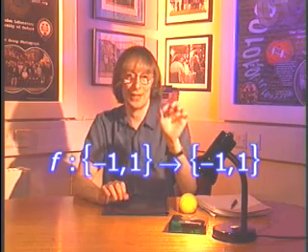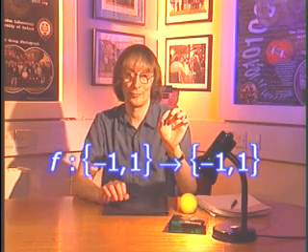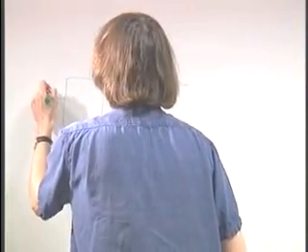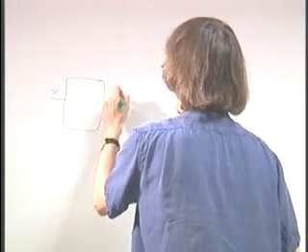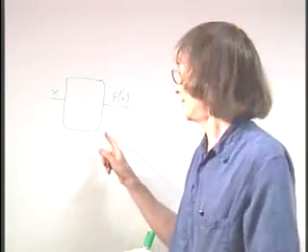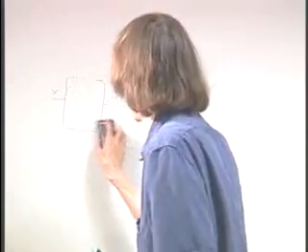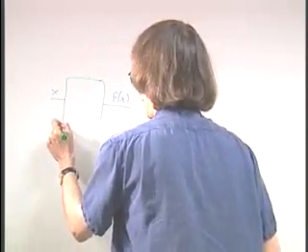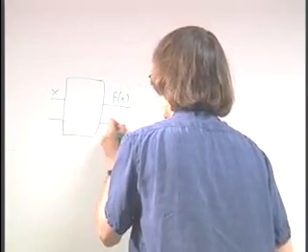Okay, the oracle in this problem computes a Boolean function f with one Boolean parameter. That is to say, f maps the set containing -1 and 1 to itself. Since the oracle performs a reversible computation, it can't just do this, x to f of x. That wouldn't be reversible. The oracle must have an auxiliary input and output.